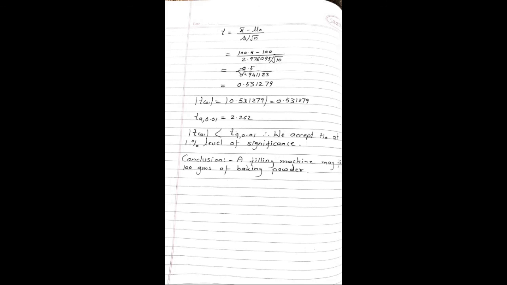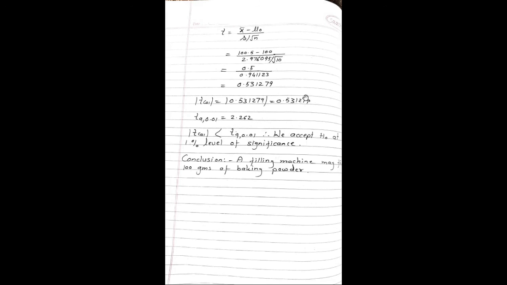So the answer becomes 0.5 upon 0.941123. So the final answer is 0.531279. So mod T calculated is mod of 0.531279, which is equal to 0.531279. This is the calculated value.